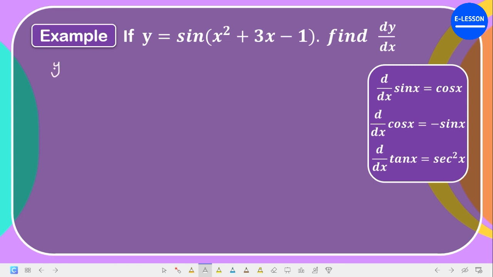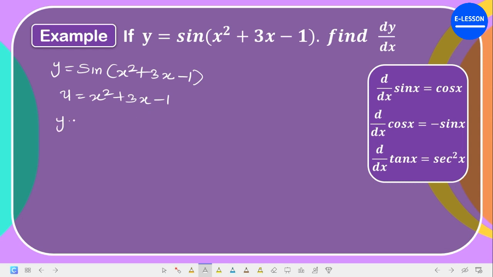Now we say let y be equal to sin of (x² plus 3x minus 1). There's no power here. So what you actually do is say let u be equal to x squared plus 3x minus 1.